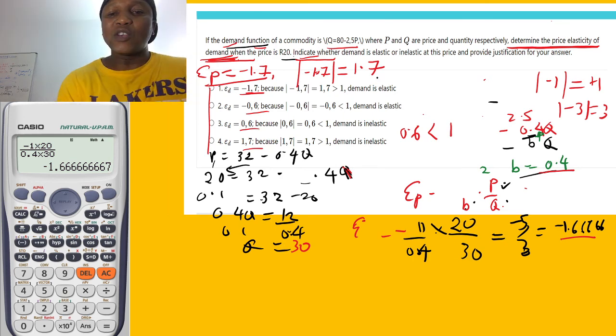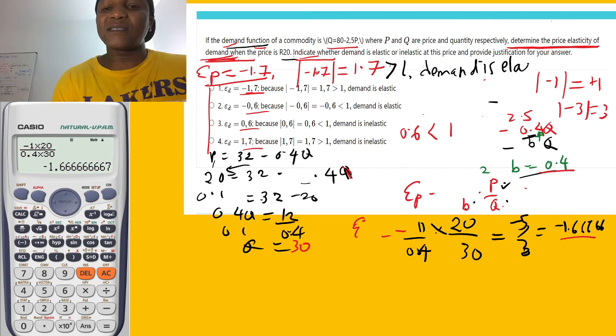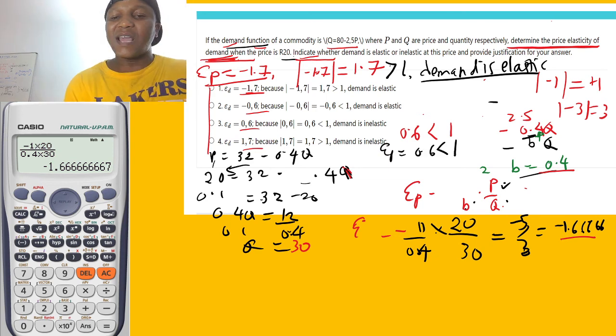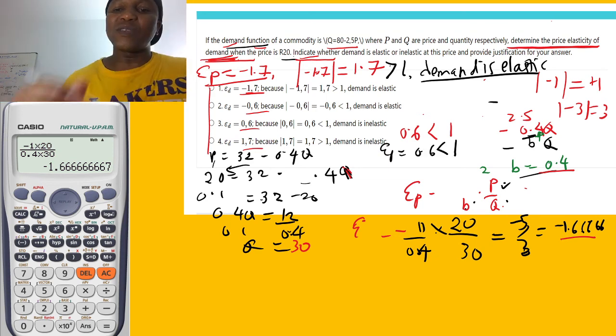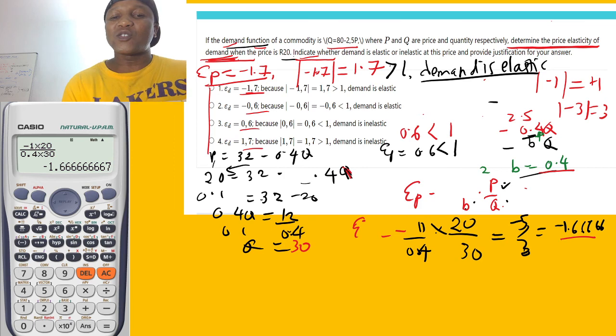Here 1.7 is greater than 1, so demand is elastic. If it was less than 1, like 0.6, then we know it is inelastic. You see what I'm saying? So option number 1 is our answer.